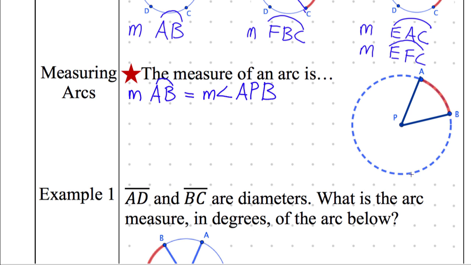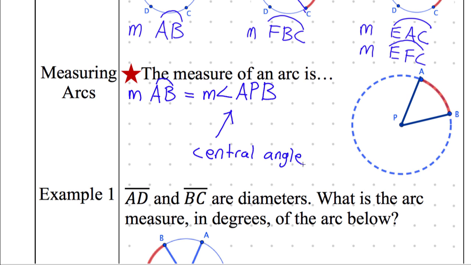Do I need to say anything else about this? I do want to make this note. I want to say that this angle here, it has to be, who can use our vocab word? The vocab word that we defined up above. Quiet raised hand. It has to be, it starts with a C. It has to be a central angle. Write it down. This has to be a central angle.